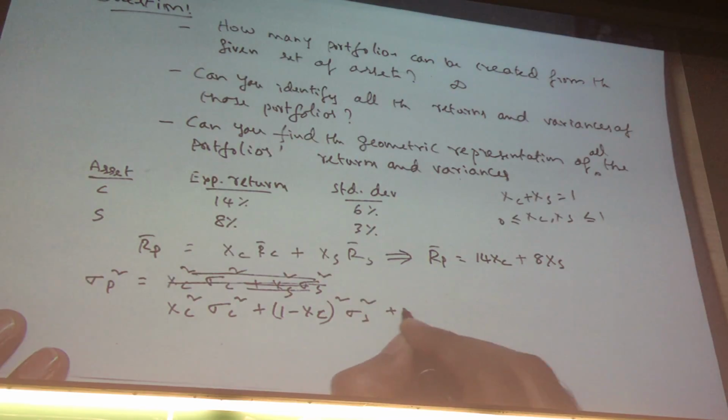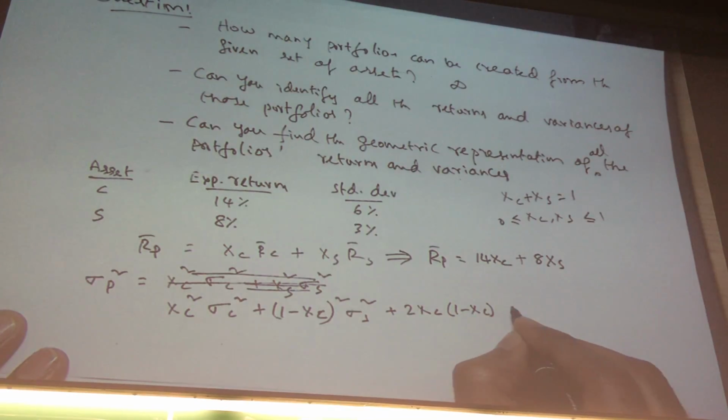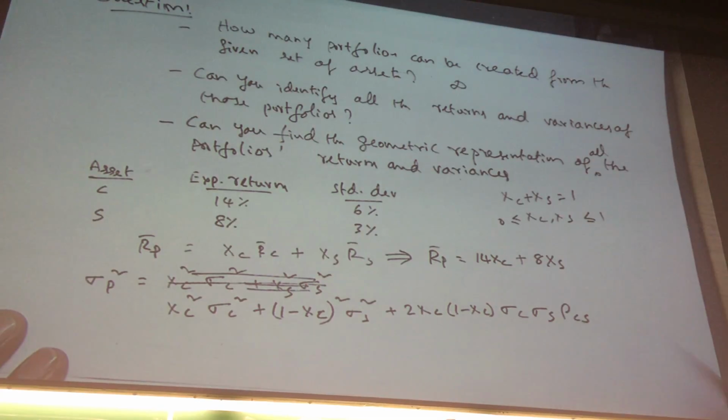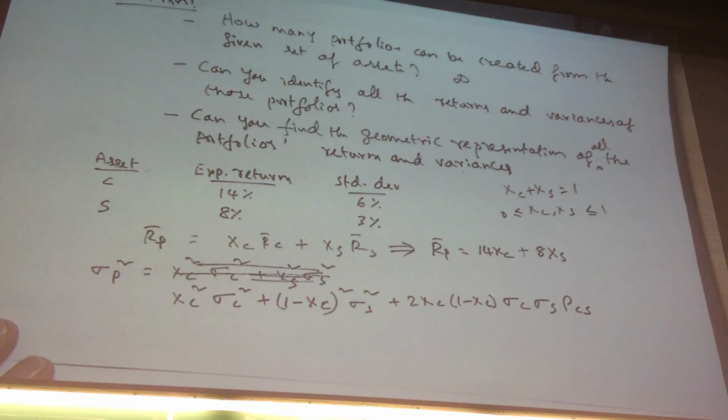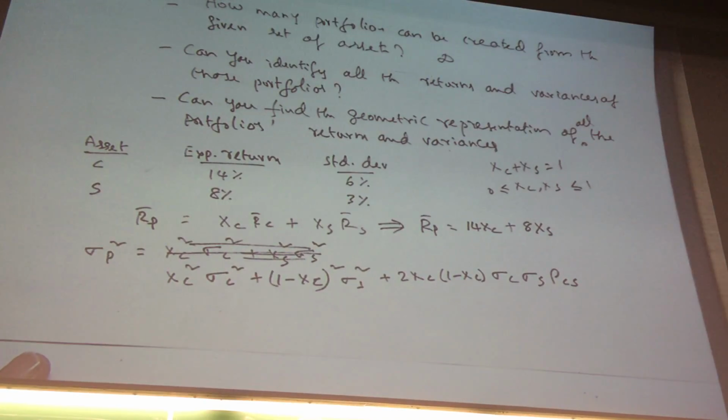Plus 1 minus XC whole square sigma S square, plus 2 XC times 1 minus XC sigma C sigma S rho CS. Just the same portfolio formula that I have written here.